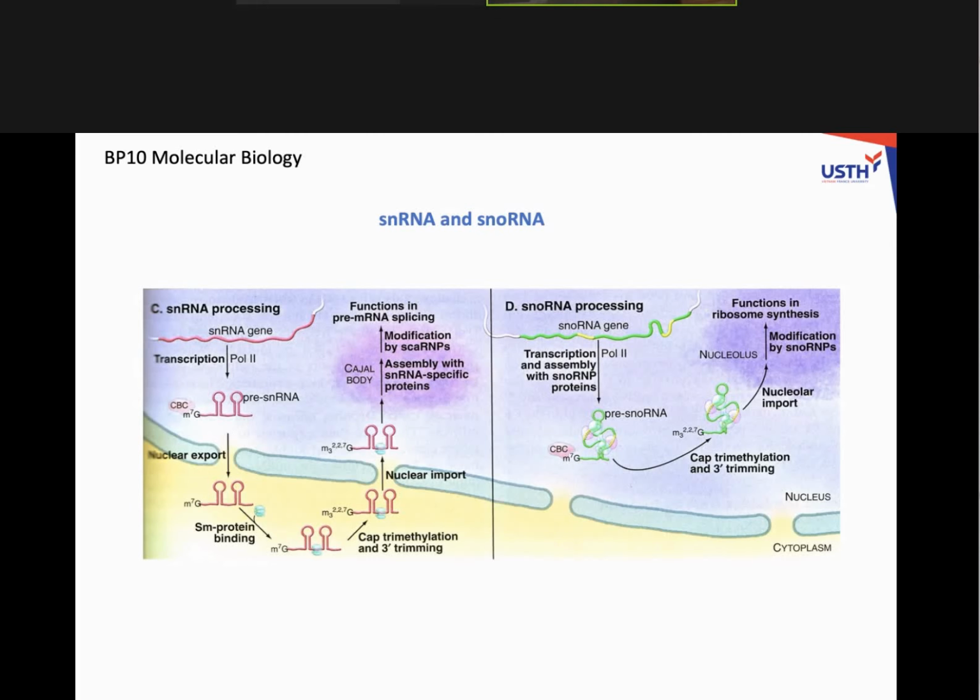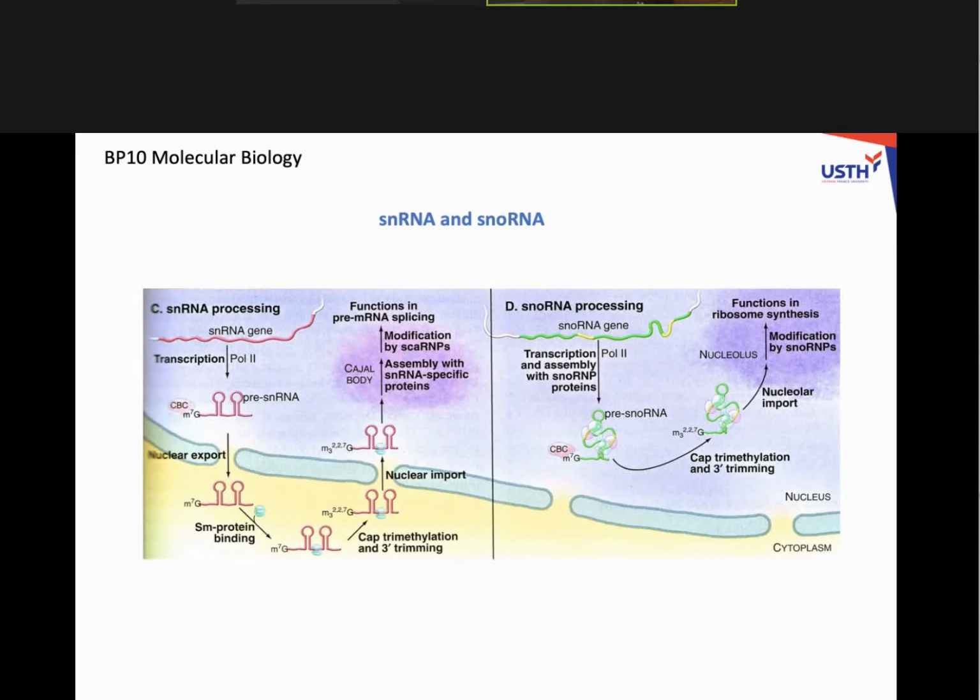So I think it's important to understand because if we take the example of a classic Pol2 gene, a gene that contains exons and introns, that is going to be transcribed, the introns are going to be spliced, the messenger RNA is going to be translated into a protein. So this is the classical case of a Pol2 gene.